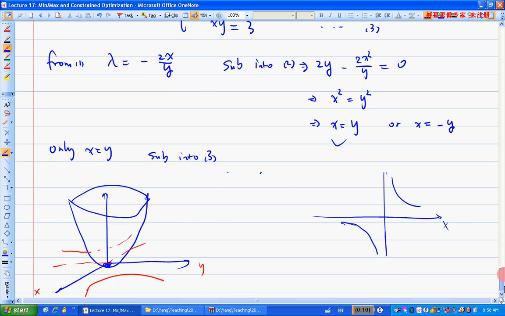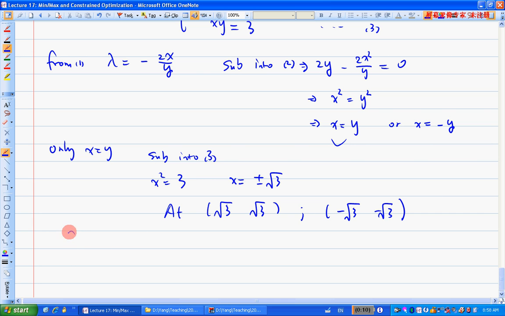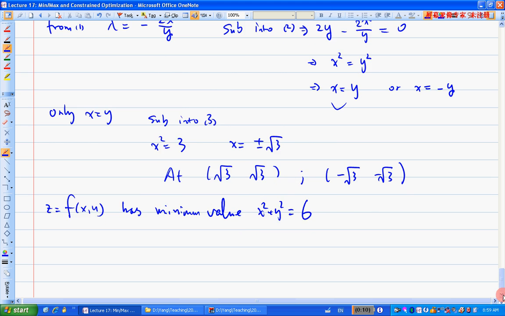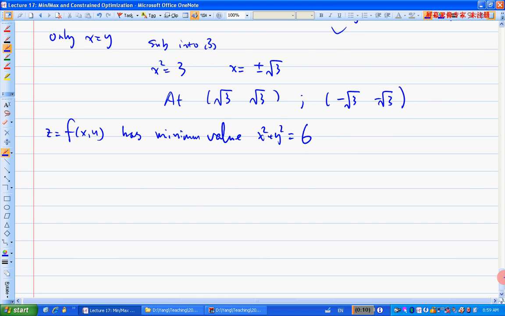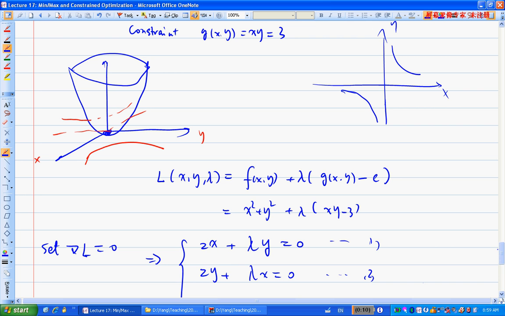So f has a minimum value x squared plus y squared equal to 6. This is, in general, how you would approach this. If I'm going to illustrate this situation, I'll explain it a little bit here first, and then we'll look at the illustration.